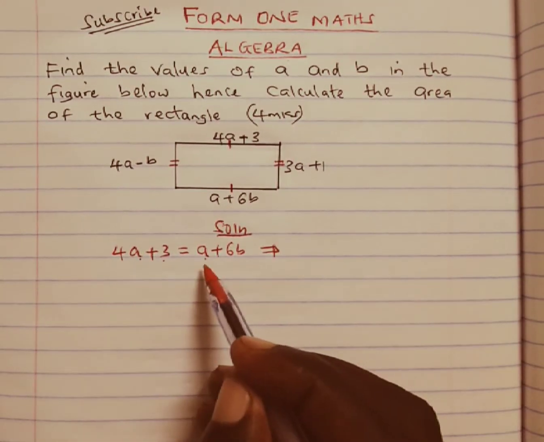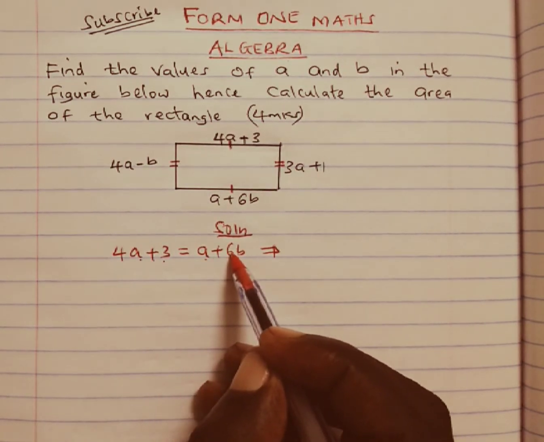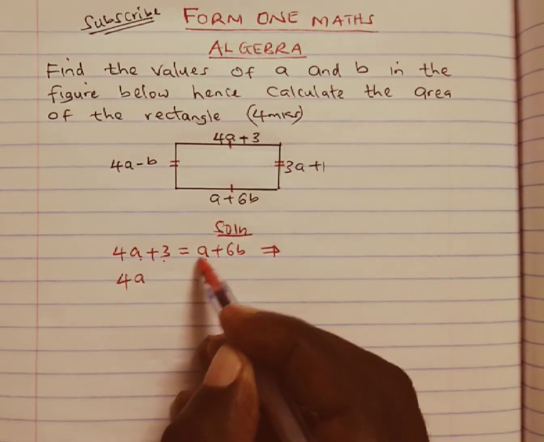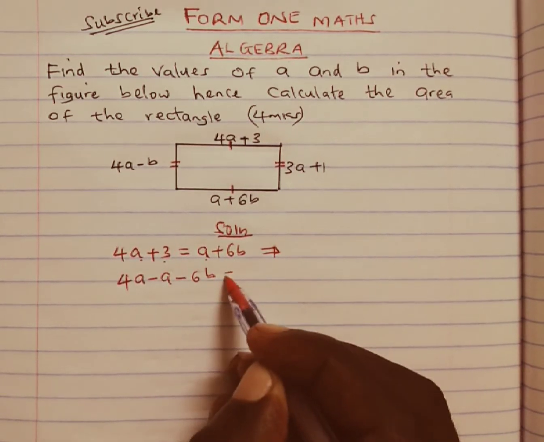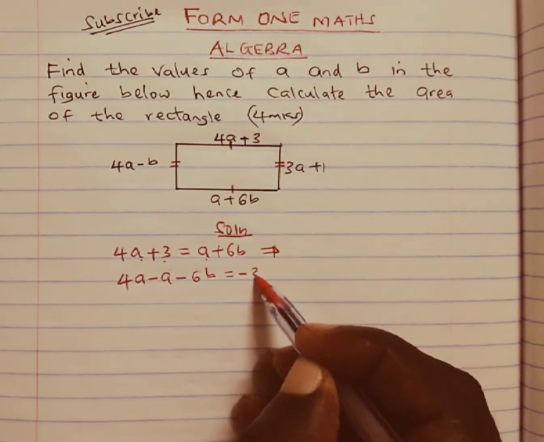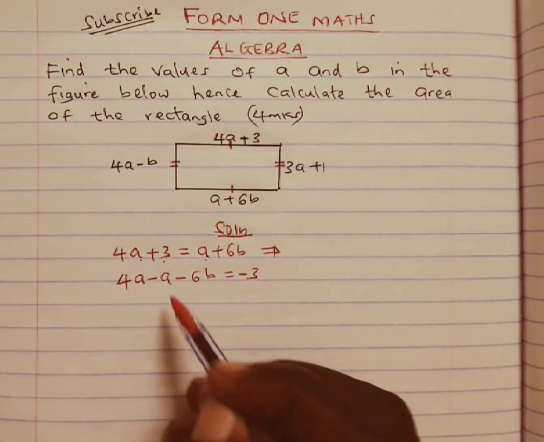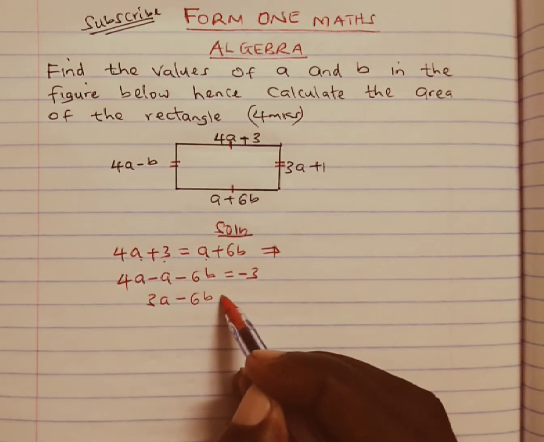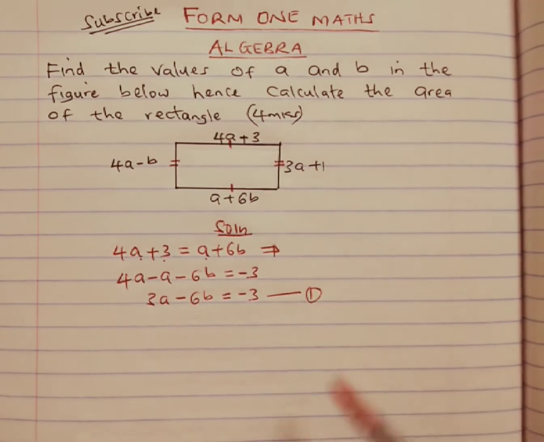So from here, if we rearrange this equation by bringing A plus 6B to this other side, we are going to have 4A minus A minus 6B being equal to positive 3 goes to this other side and becomes a negative. So from here we know 4A minus A gives us 3A minus 6B, and this one is equal to negative 3, which is our first equation.